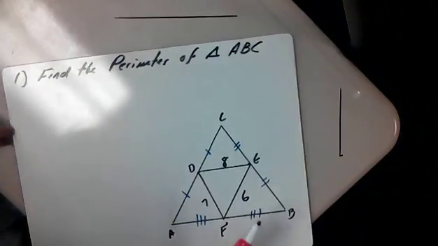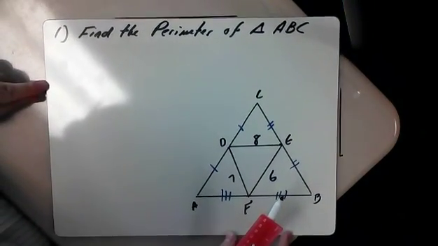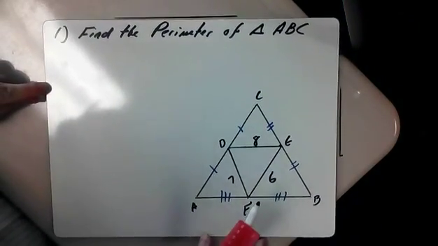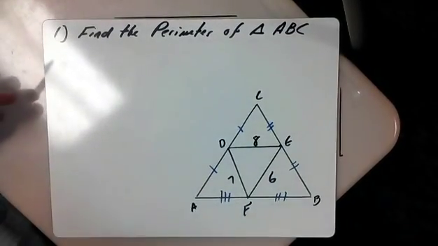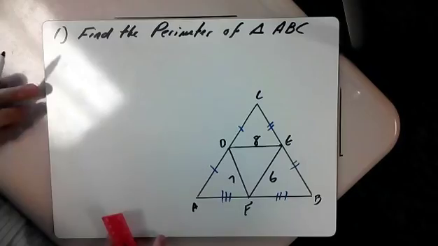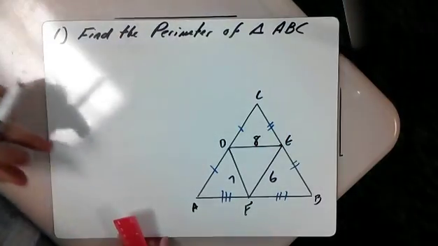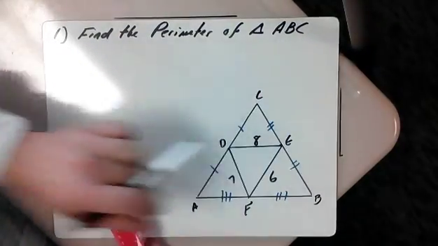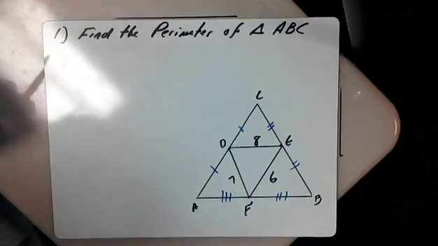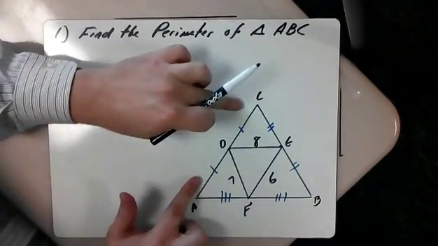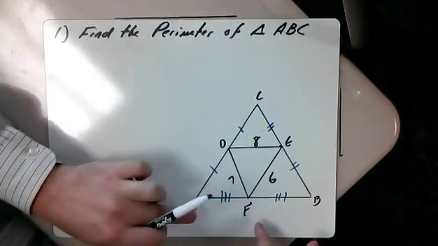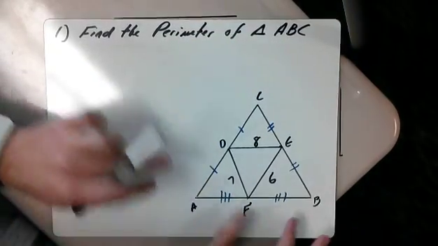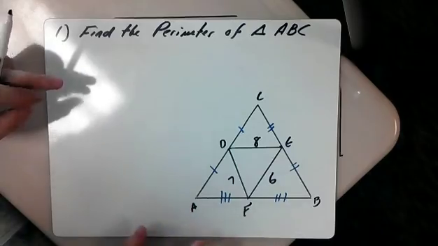So next, let's take a look at a couple examples. All right, so this example here. Let me make sure you guys can see that. Okay, so if this is 8, and all these congruency marks are telling me that D is the middle of A and C, E is the middle of B and C, and F is the middle of A and B, I have all mid-segments.